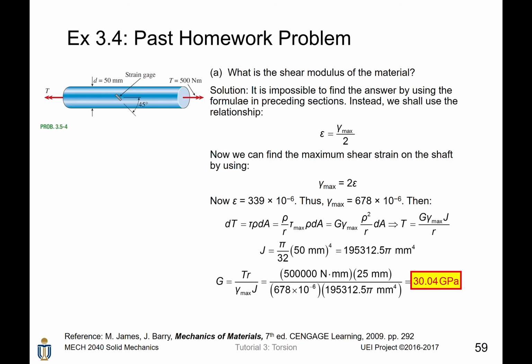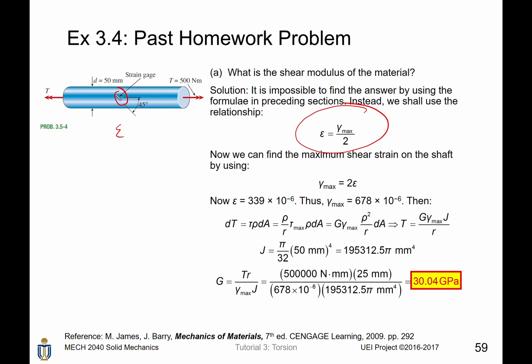To determine the shear modulus of the material, conventionally we would like to consider some formula like tau equals G gamma, right? Because we only know on this strain gauge there is an epsilon, but we don't know about gamma. However, there is a lot of information missing, but one thing we can utilize is the formula I just introduced to you.